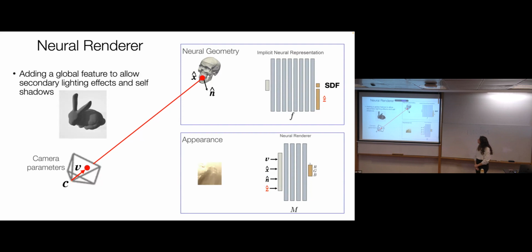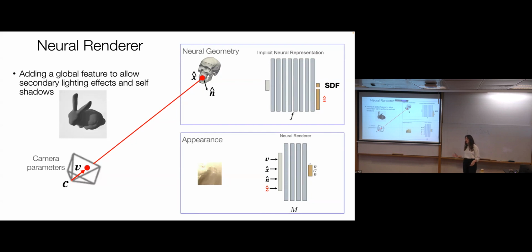Okay, and one last thing. I think you talked with Merav about local illumination and global illumination, right? Local illumination is the first appearance that is captured.